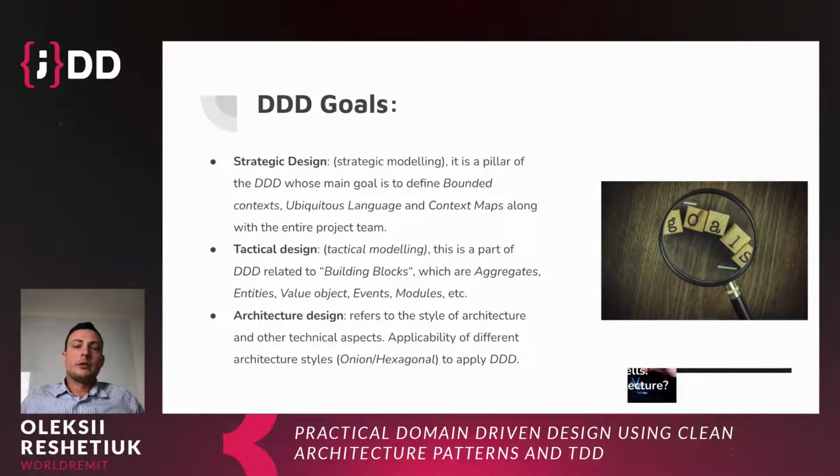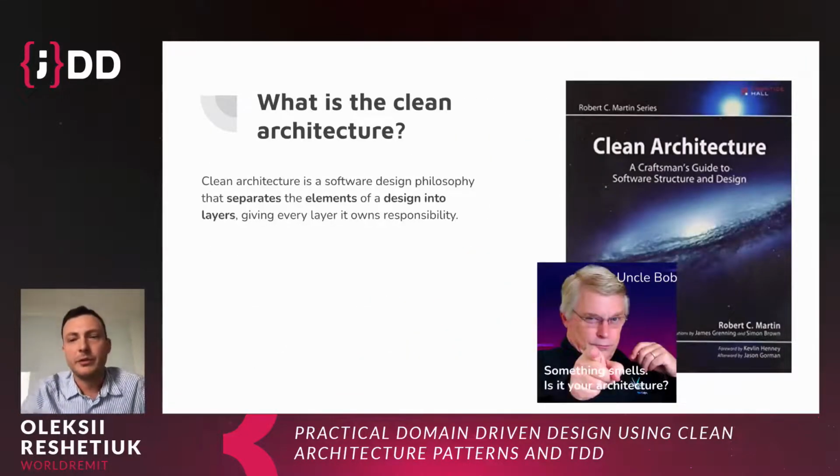So we can try to create a definition by ourselves and say clean architecture is a software design philosophy that separates the elements of the design into layers, giving every layer its own responsibility.